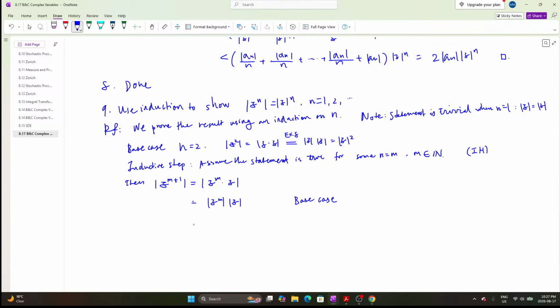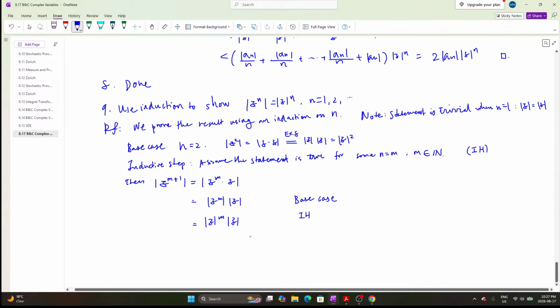And now you can use the induction hypothesis because you assume the statement is true for n equals m, so the first term now becomes modulus of z to the m, times modulus of z. That's the induction hypothesis, IH, and you get modulus of z to the m plus 1. And that's exactly what we need. So we have successfully gone from n equals m to n equals m plus 1.